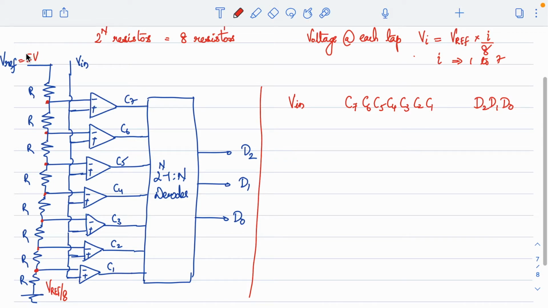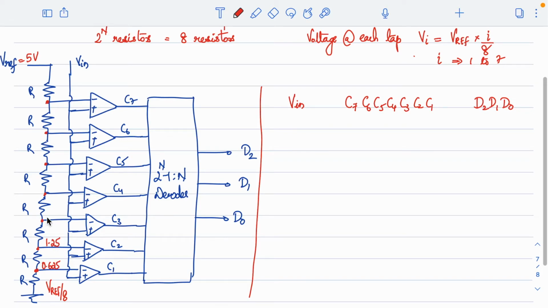Then the reference voltage I get at this point is 0.625, which is VREF by 8. At the next point it will be 2 into VREF by 8, which is VREF by 4, equal to 1.25.